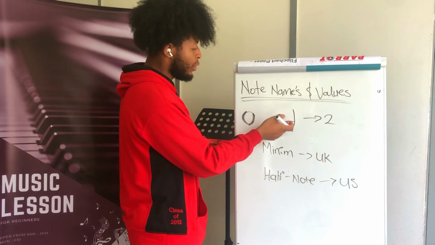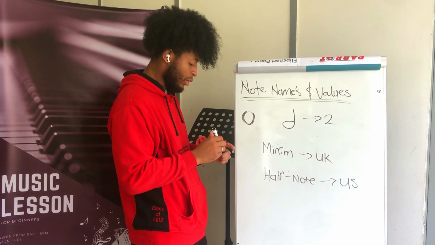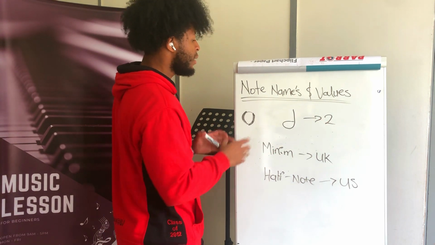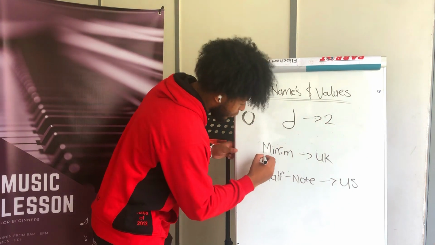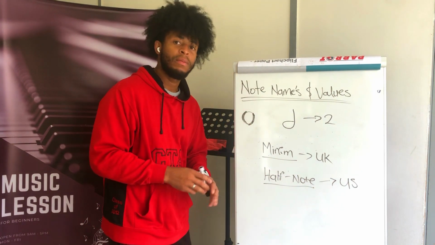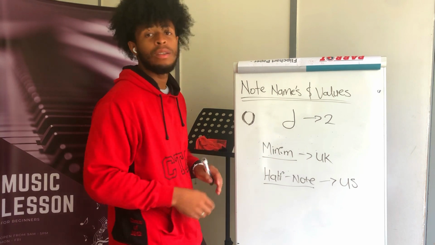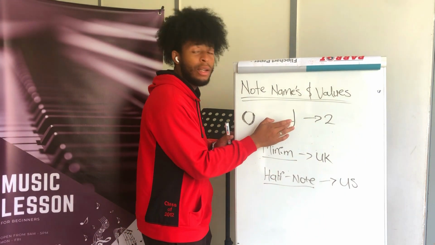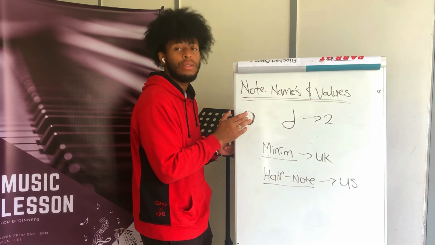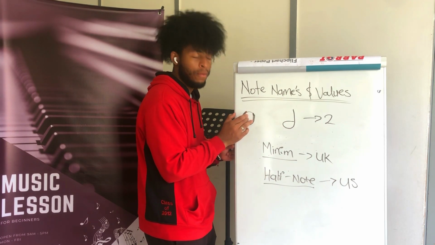Basically 2 plus 2 is 4. So this is the value and these are the names. Don't forget half note, minim. Value is 2 counts. 1, 2, 1, 2, 1, 2, 3, 4.